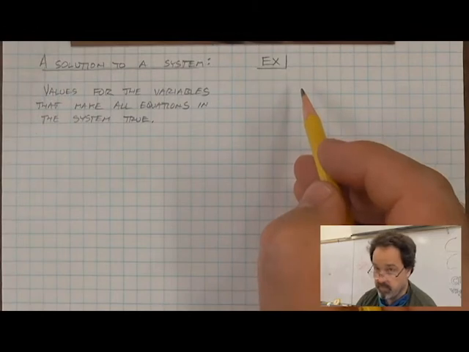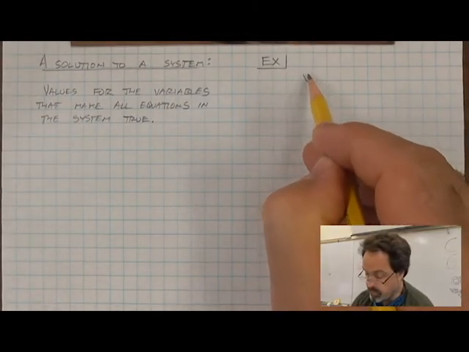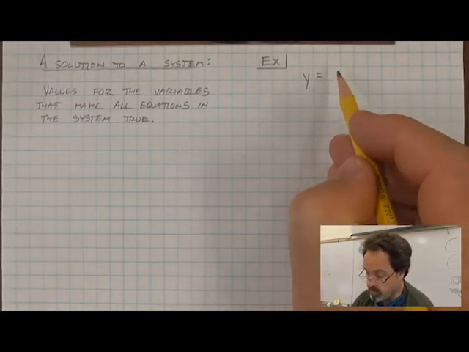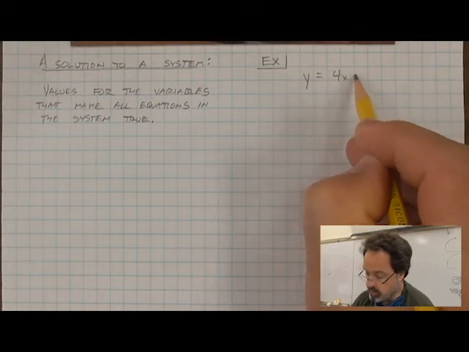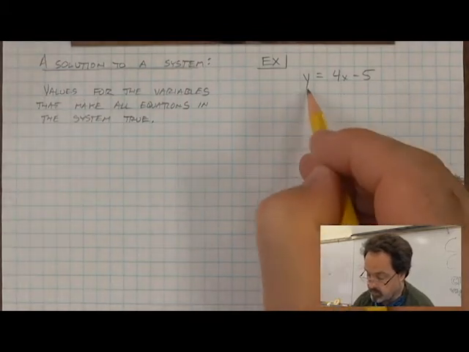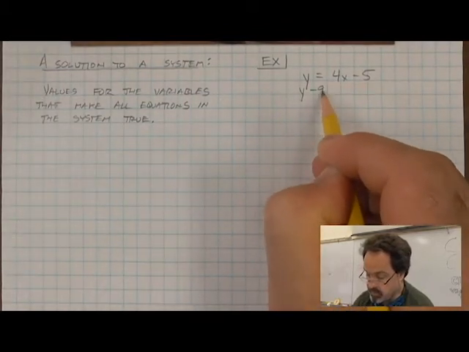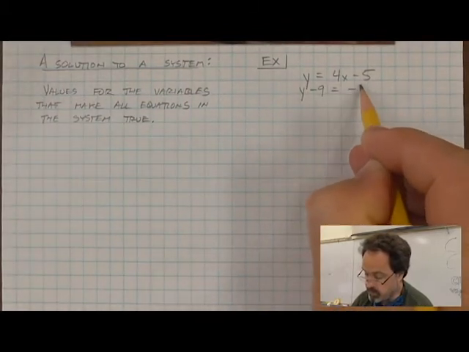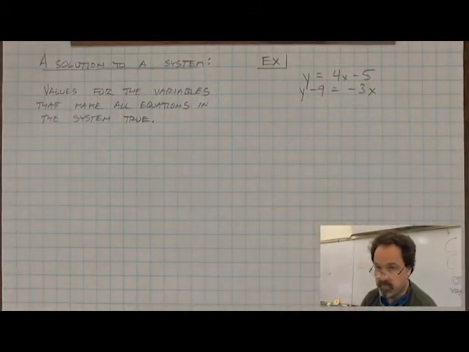So here's an example of a system. I have one equation, y equals 4x minus 5, and a second equation, y minus 9 is equal to negative 3 times x.